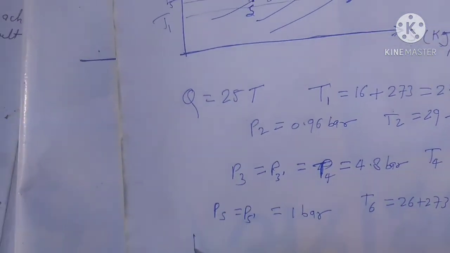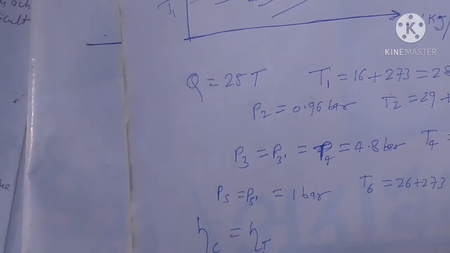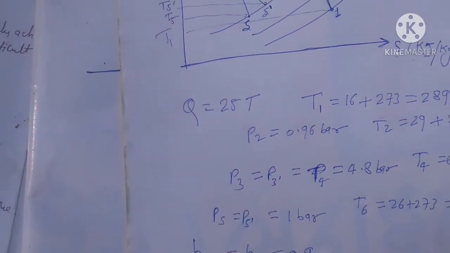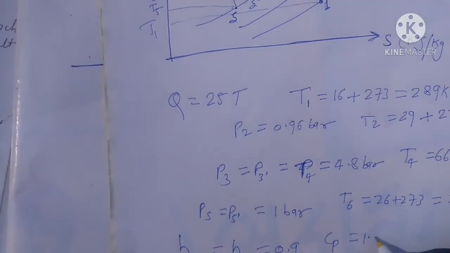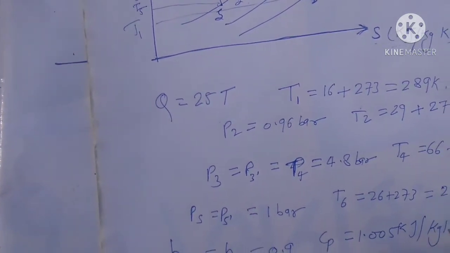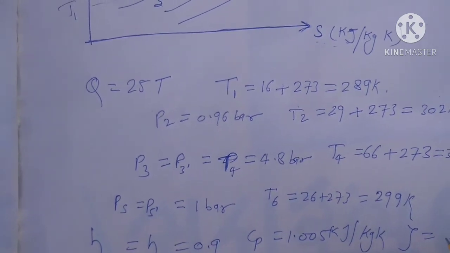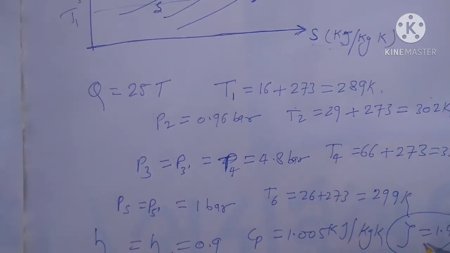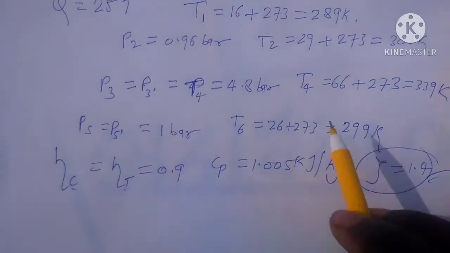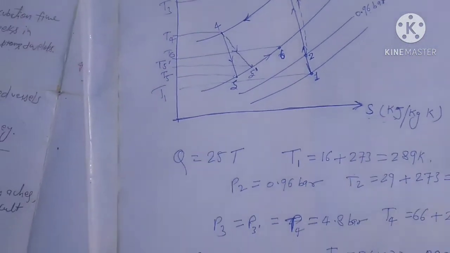Efficiency is also given: compressor and turbine efficiency is 0.9. Cp is also given as 1.0005 kilojoule per kg Kelvin, and gamma for air is 1.4. So this is all the given data, and the figure related to the question is on the screen.